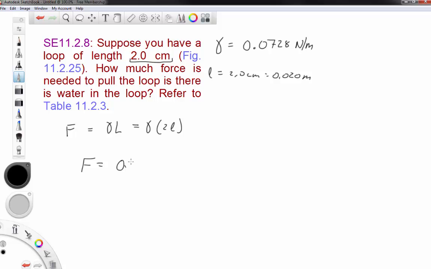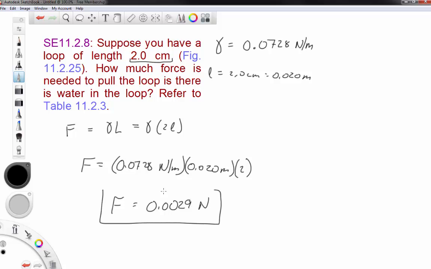So the force needed is going to be 0.0728 newtons per meter times 0.020 meters. And so what that gives us is a total force of 0.002912. So the force is about 0.0029 newtons. So that's how much force you need to pull with in order to pull the loop along. Again, assuming that the loop is on a frictionless track.